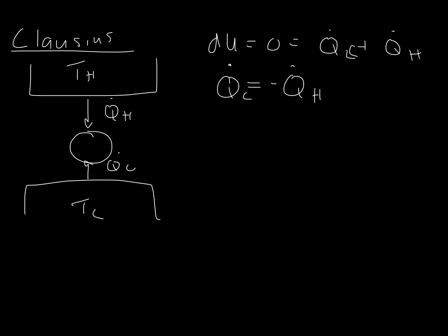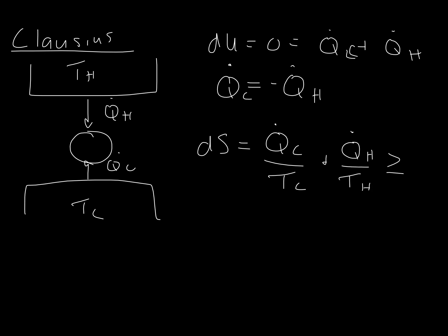Any heat that comes in one has to be rejected to the other. Okay, so now let's do a second law balance. dS is equal to Q dot C over TC plus Q dot H over TH, which has to be greater than or equal to 0.